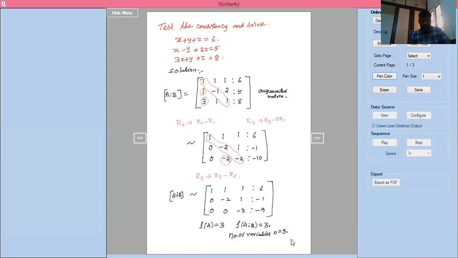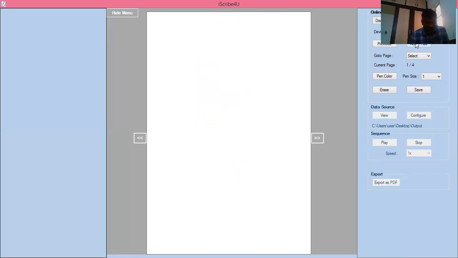Now I can take from this: rank of A equal to rank of A is to B equal to n, that equal to 3. N is nothing but R. So now I can say that the number of variables is also 3, and the rank of the matrix is also 3.